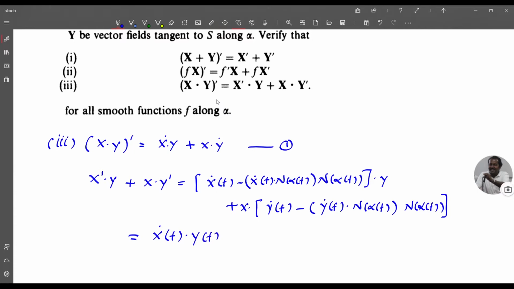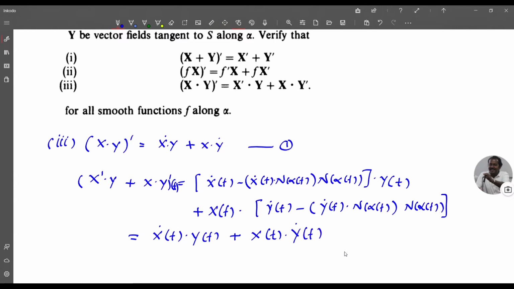We are getting this as x dot of t dot y of t plus x of t dot y dot of t.